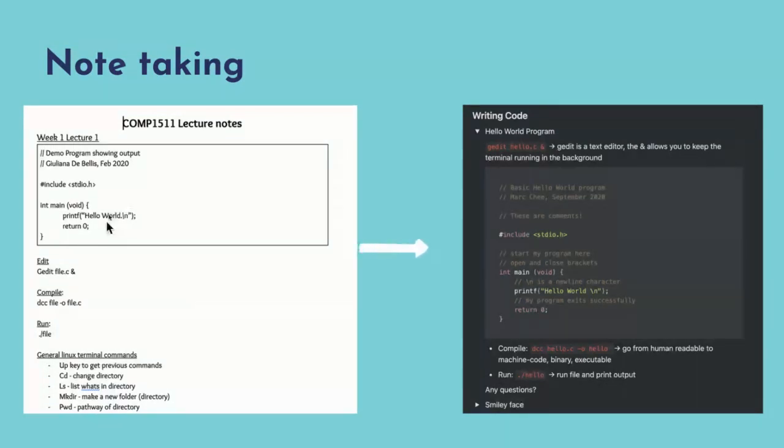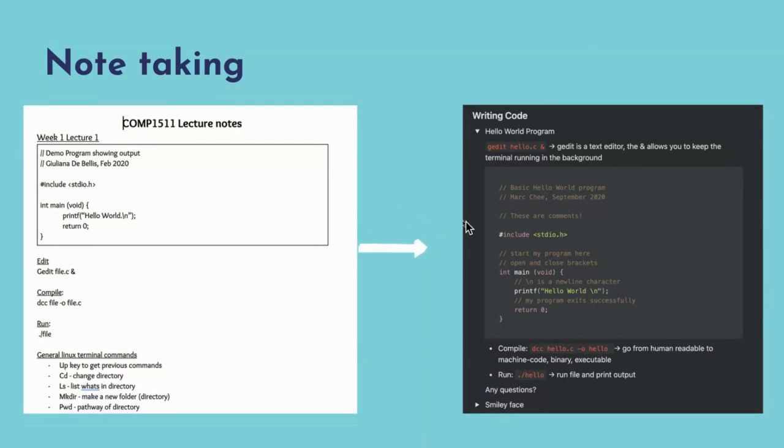But what I tended to find when I was using just a normal document type software was my focus wasn't really on the code that was being shown to me and the actual processes and topics, and I didn't really have an understanding of what I was typing. I was just copying down syntax, making sure I had semicolons in the right places, and not really focusing on the program itself.